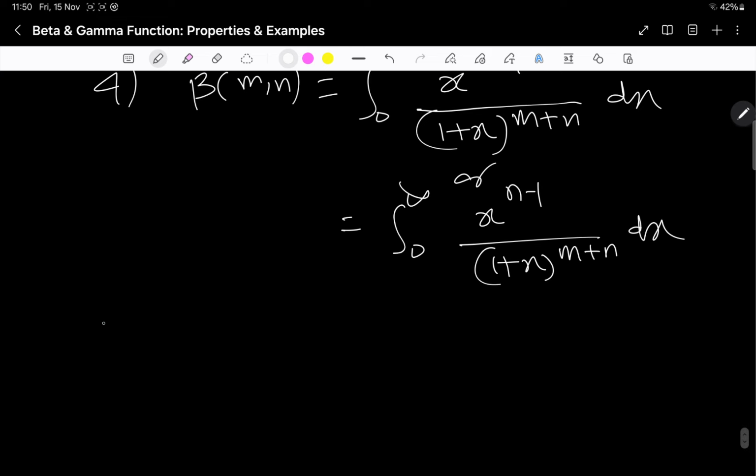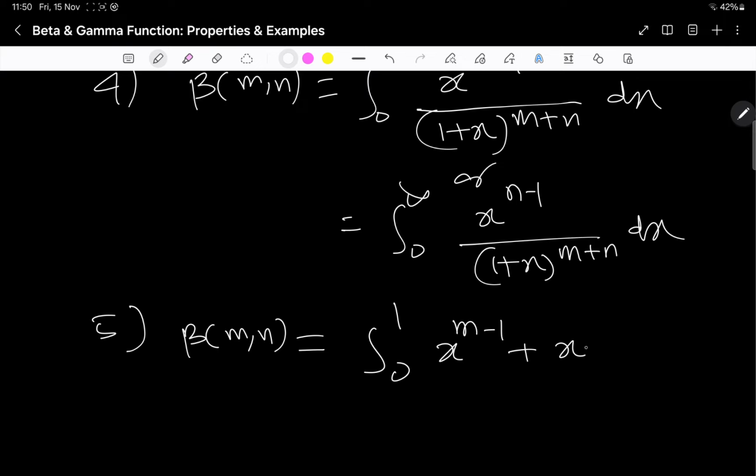And one more property we may use while solving problems: beta mn is equal to integral 0 to 1 of x to the power m minus 1 plus x to the power n minus 1 divided by 1 plus x to the power m plus n dx.